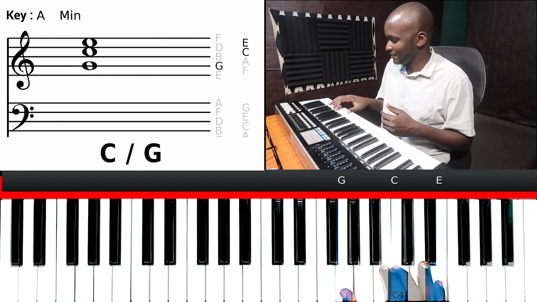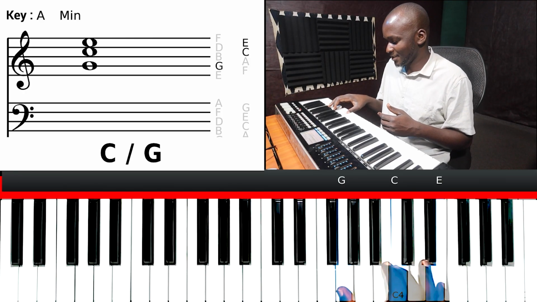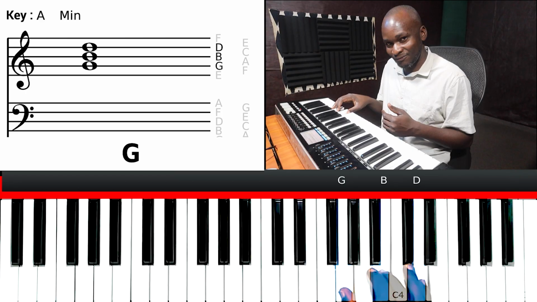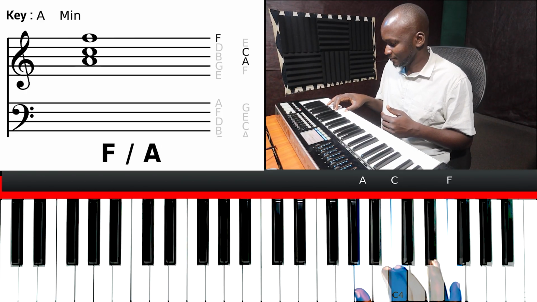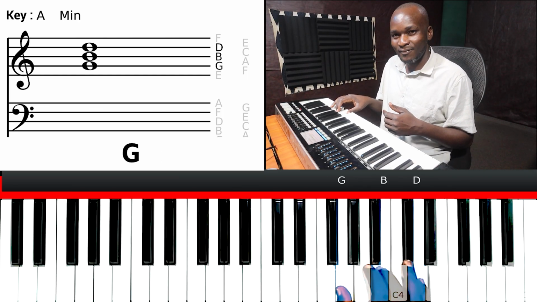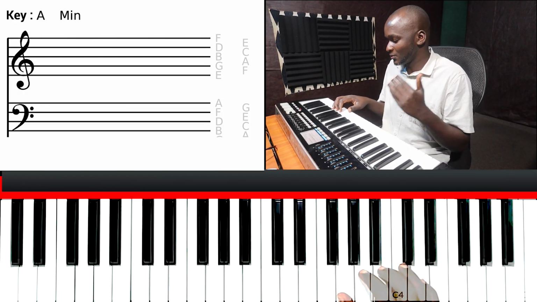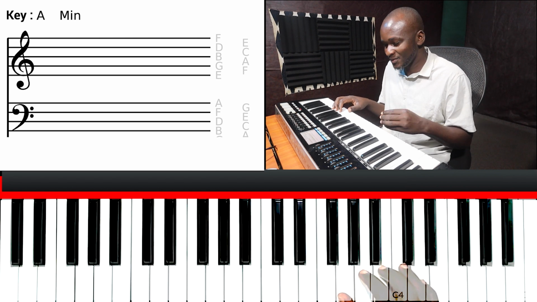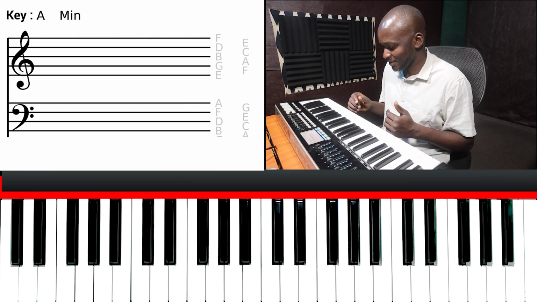Second inversion for the C, first inversion for the F, second inversion for the C, root inversion for the G. I think you can see for those chords that I'm always having the root, the second, and the first inversion. On each of the chords, they keep on alternating.